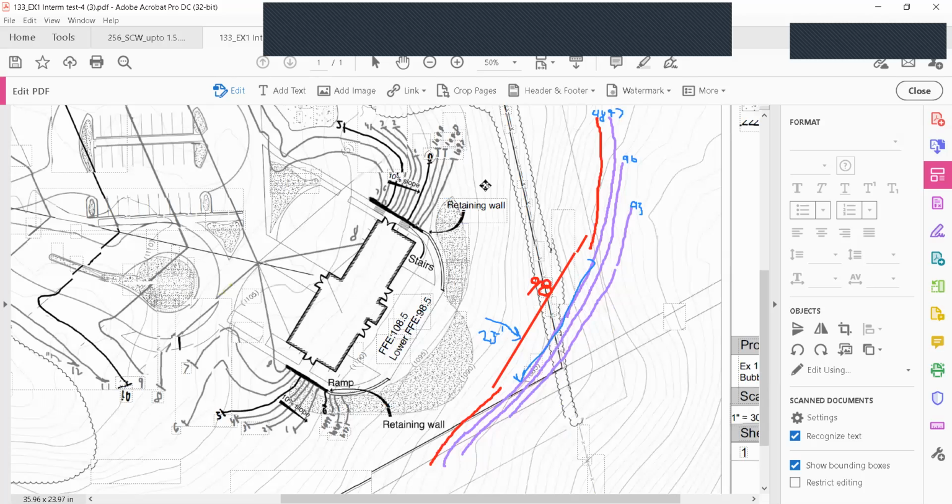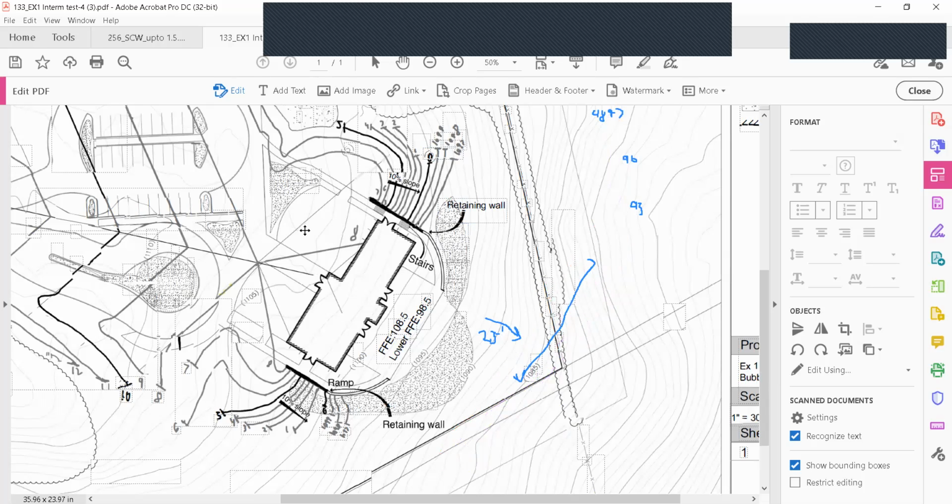So in between here was my entrance plaza. I realize now, does the entrance plaza have to be paved area?